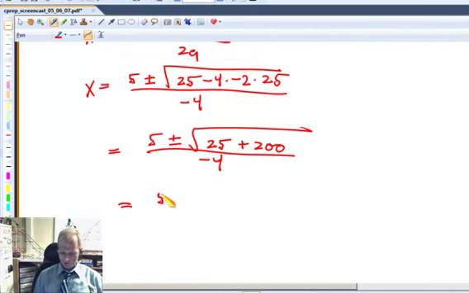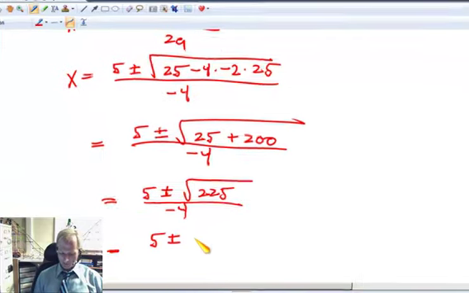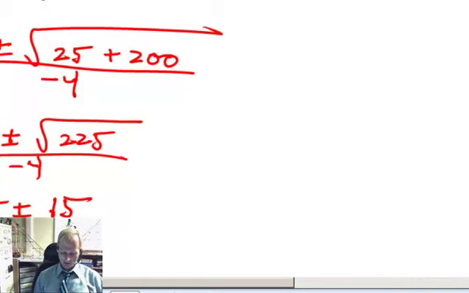Okay, well guess what? 225 is a perfect square. That happens to be 15 squared. So I can simplify that to being 5 plus or minus 15 over negative 4.